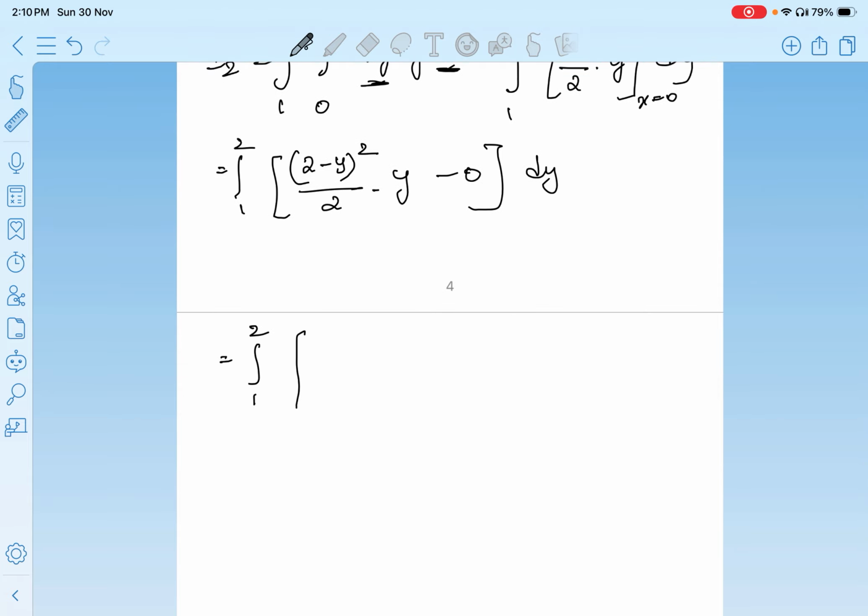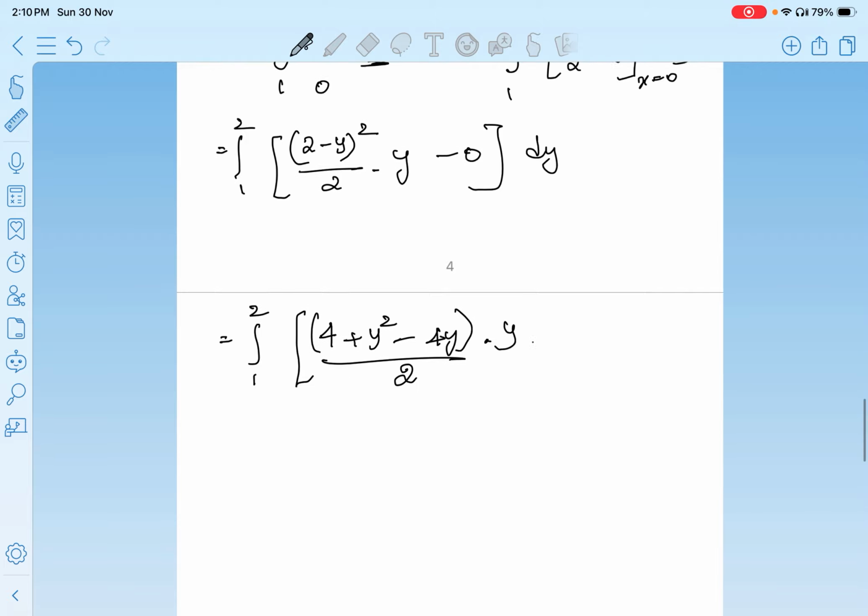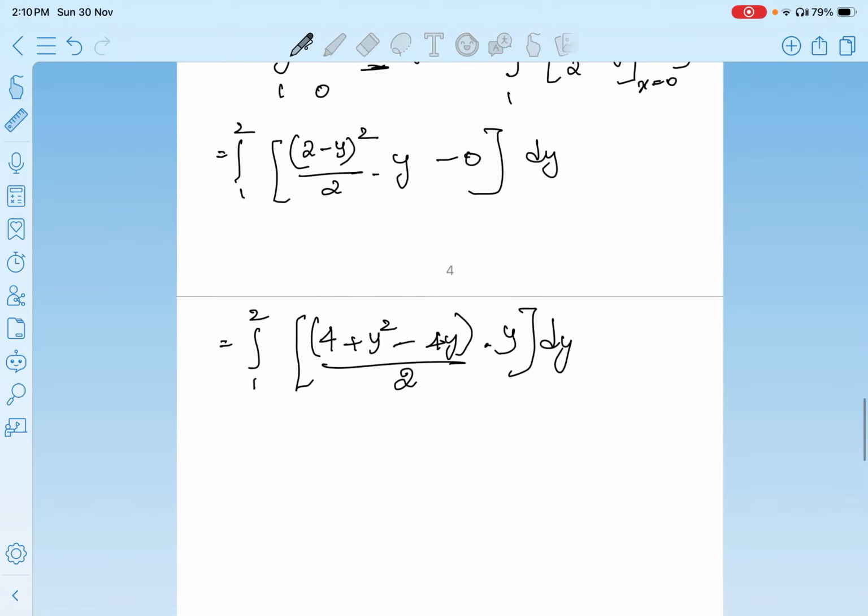Integral 1 to 2, 4 plus y square minus 4y into y by 2 into dy. This is just a normal integration, so you know this very well.